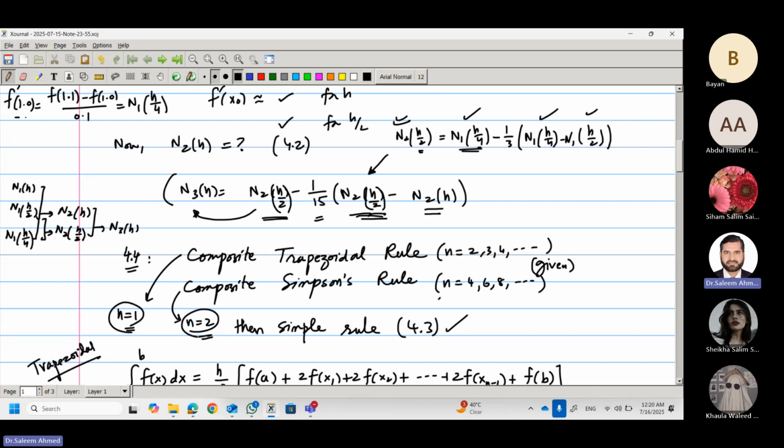That's why I needed N1H by 4 again. So 3 elements in the first column give you 2 in the second, and 2 in the second give you 1 in the third. If they only ask you N2H, I will only calculate N1H and N1H by 2 and it will give you N2H. If they ask you N3H, I will need these 2 more to get N3H. Okay.